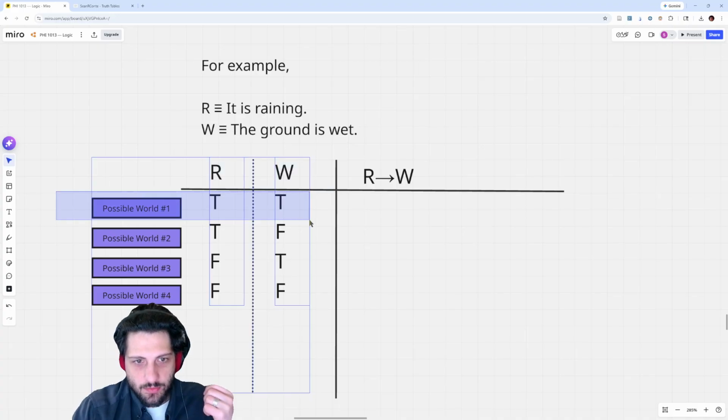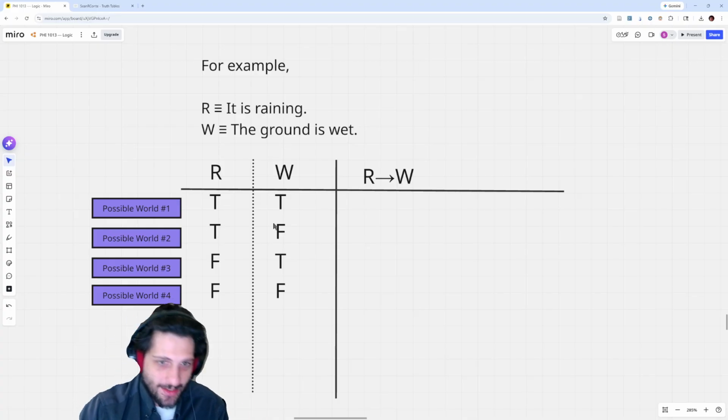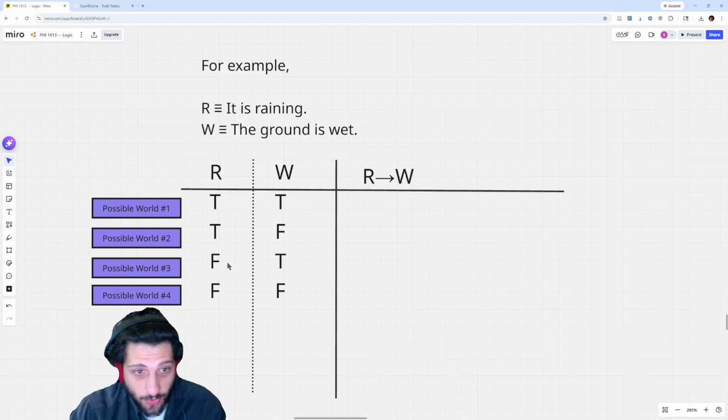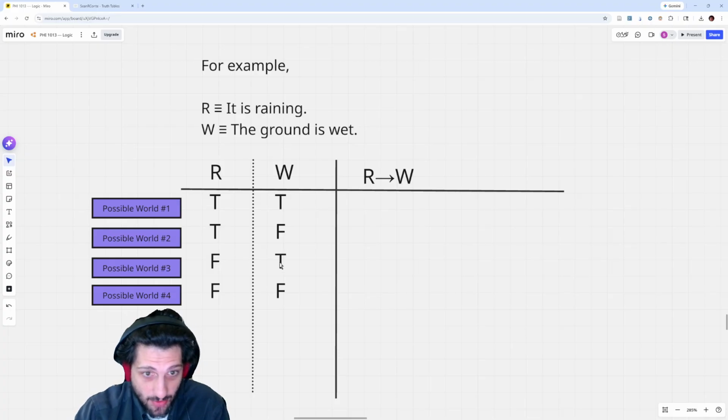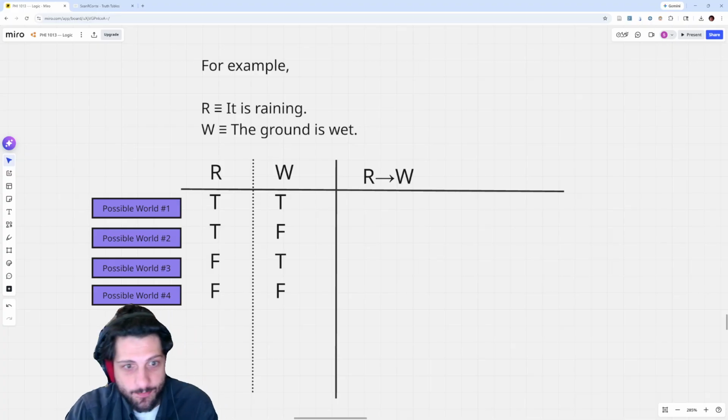Then we laid out all the possible worlds with regards to those two statements. There's the world where it rains and the ground is wet. The world where it rains and the ground is not wet. The world where it doesn't rain but the ground is wet. And the world where it doesn't rain and the ground is not wet.